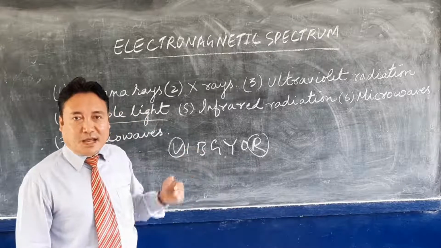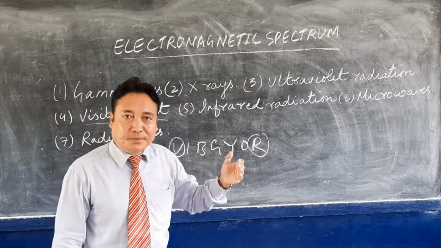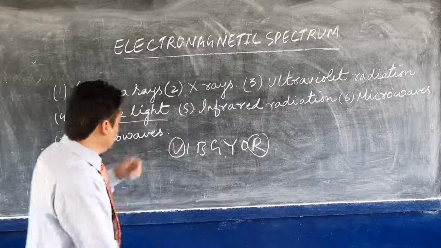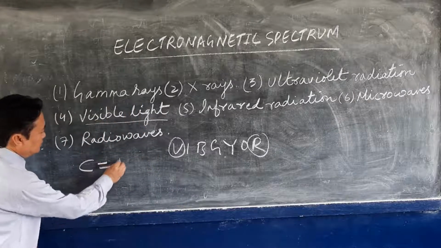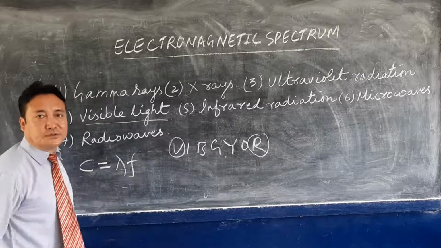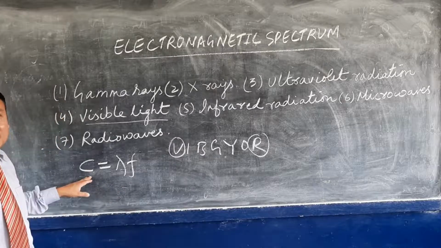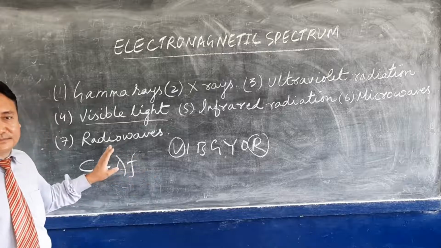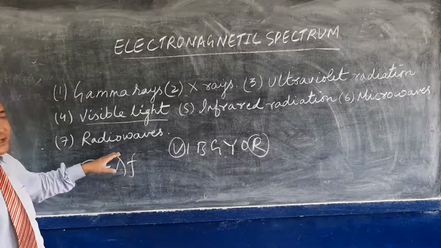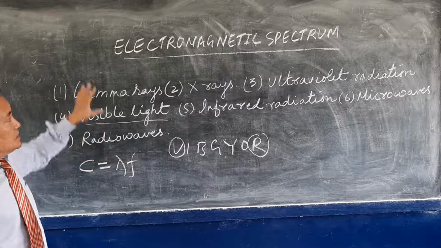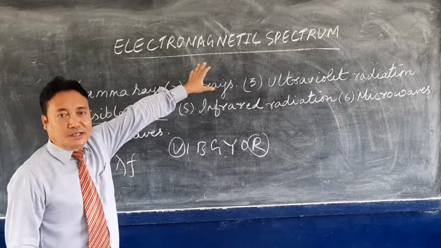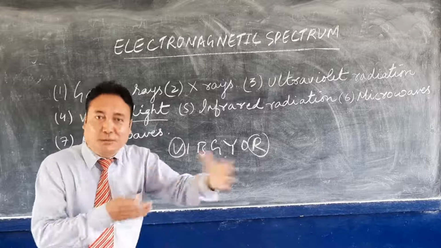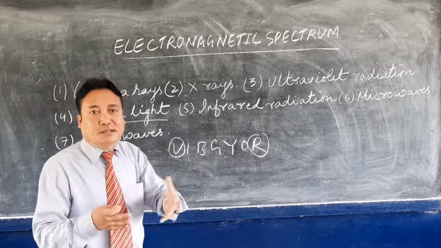The relation between frequency, wavelength and the speed of light is given by c equals lambda f, where c is the speed, lambda is the wavelength, and f is the frequency. All these are associated with light; they are not apart from the light.